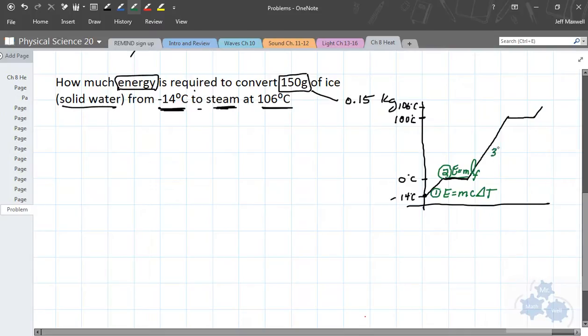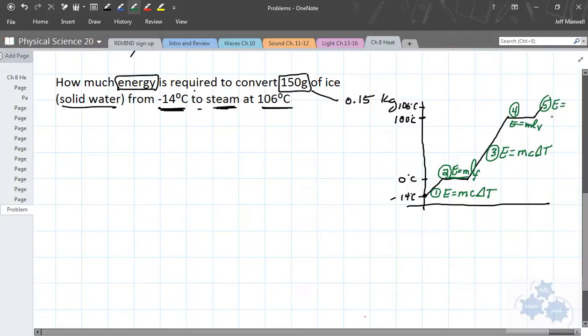3. What's happening here? E equals MC delta T. Very good, because there's a temperature change. Awesome. 4. E equals ML of vaporization. And then 5.